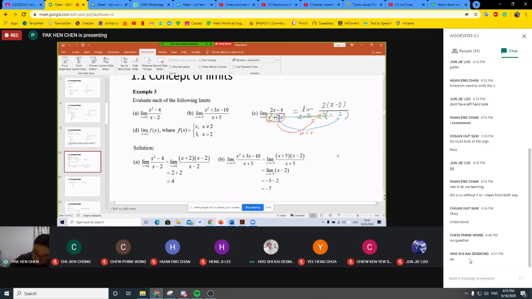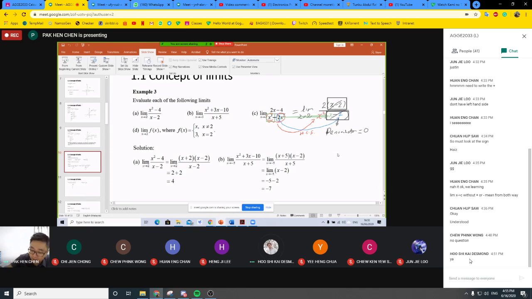You can see both of them actually have a particular factor. This factor is making the denominator 0, isn't it? Both the numerator and the denominator have this factor to be cancelled out.